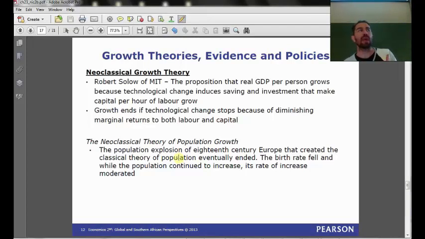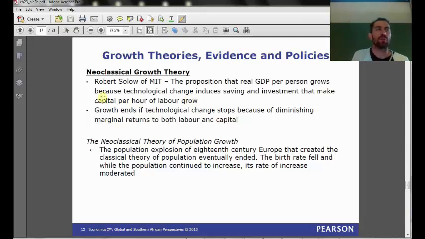And with investment, we have increases in capital, and increases in capital mean more capital per laborer. Okay? So capital per hour of labor grows. So the more capital we have, the more growth we have for our laborers.